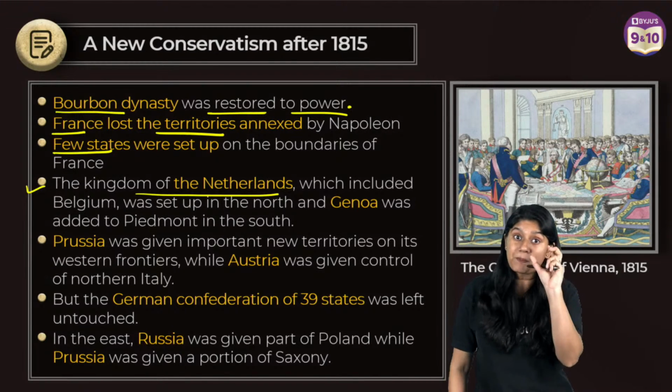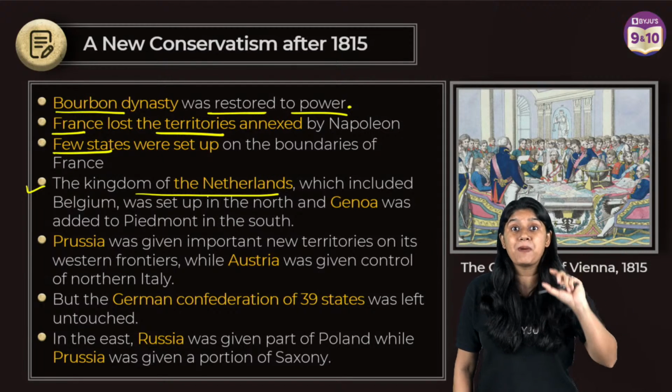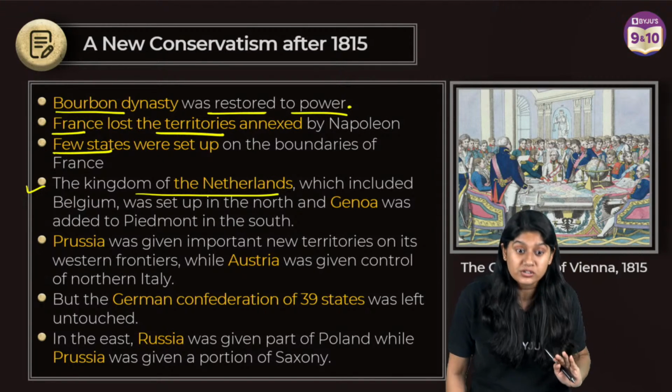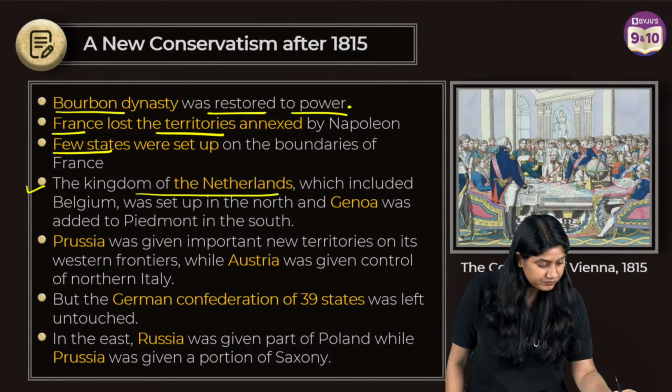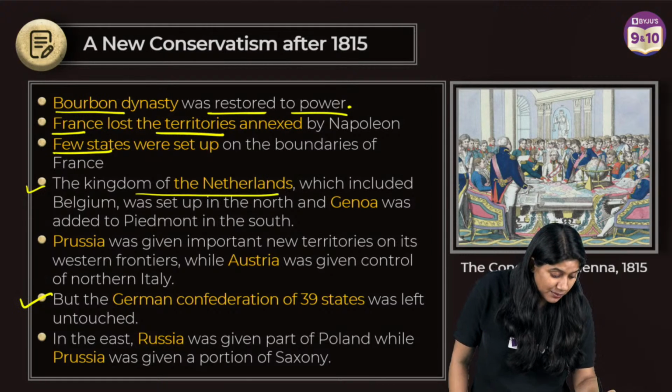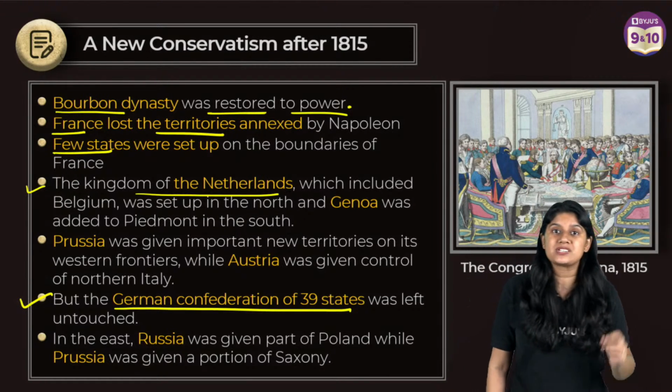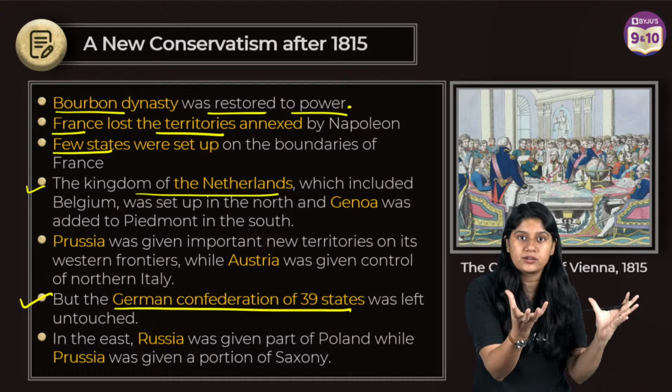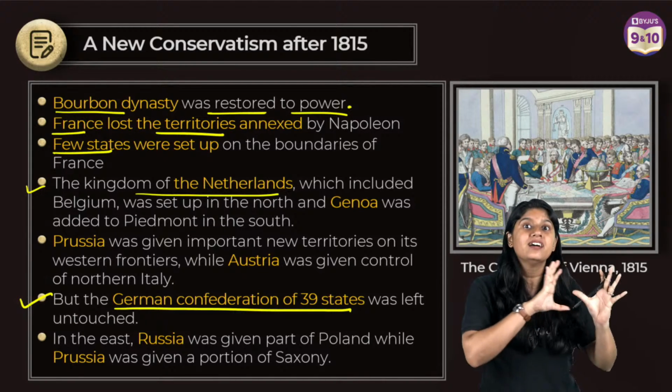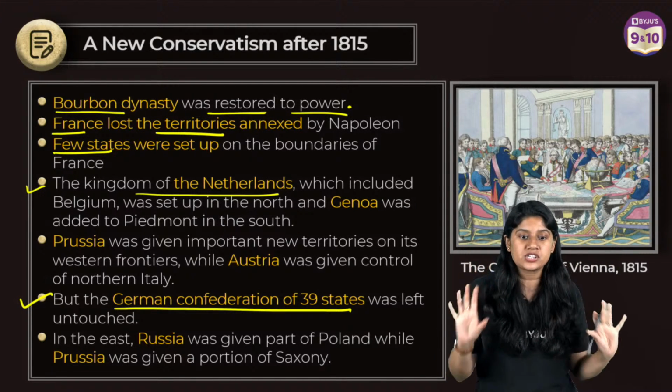Some part was given to Prussia, some part to Austria, and some to Russia. Clear, everyone? The German Confederation of 39 states was left untouched, undisturbed.